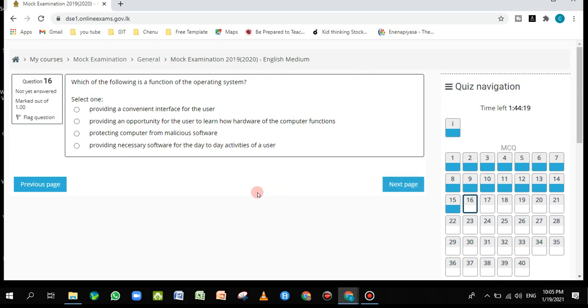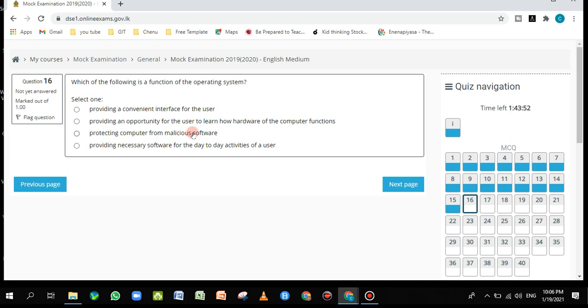Which of the following is a function of the operating system? Now when we consider the operating system, providing a convenient interface for the user. That is true. Then providing an opportunity for the user to learn how the hardware of the computer functions. That is not there. Then protecting the computer from malicious software, that is also not there.